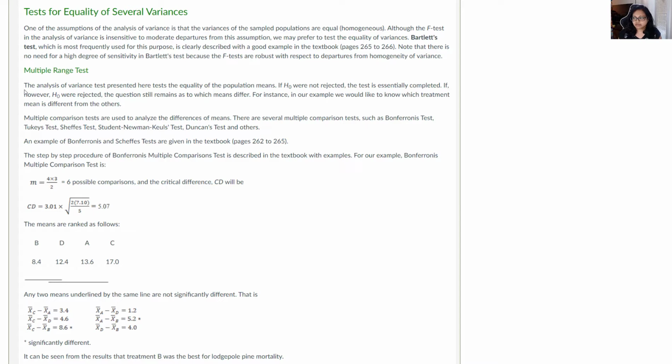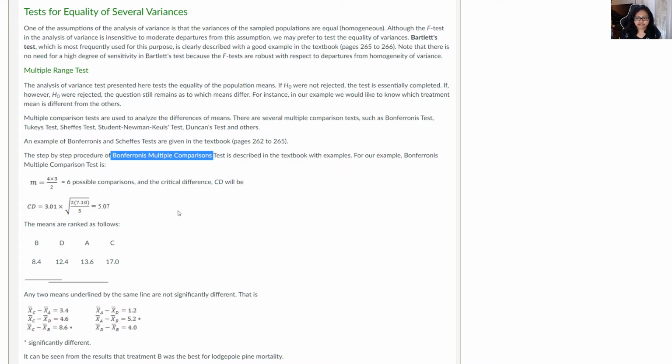In the multiple comparison test for means, which finds which pair is different, there are several tests. One of them is Bonferroni's test. In Bonferroni's multiple comparison test, we can see which pair is different. Sometimes people try to find the differences for all combinations of treatments, or all pairs.